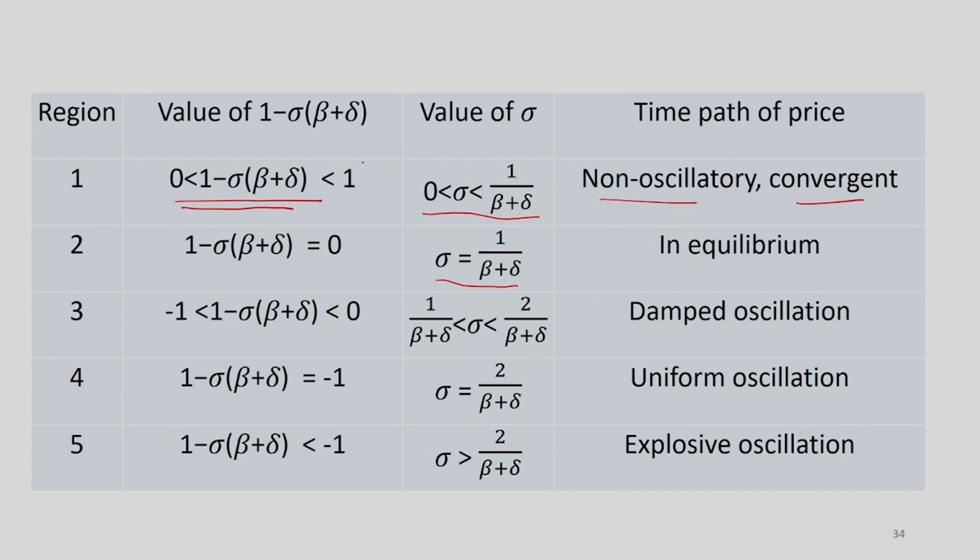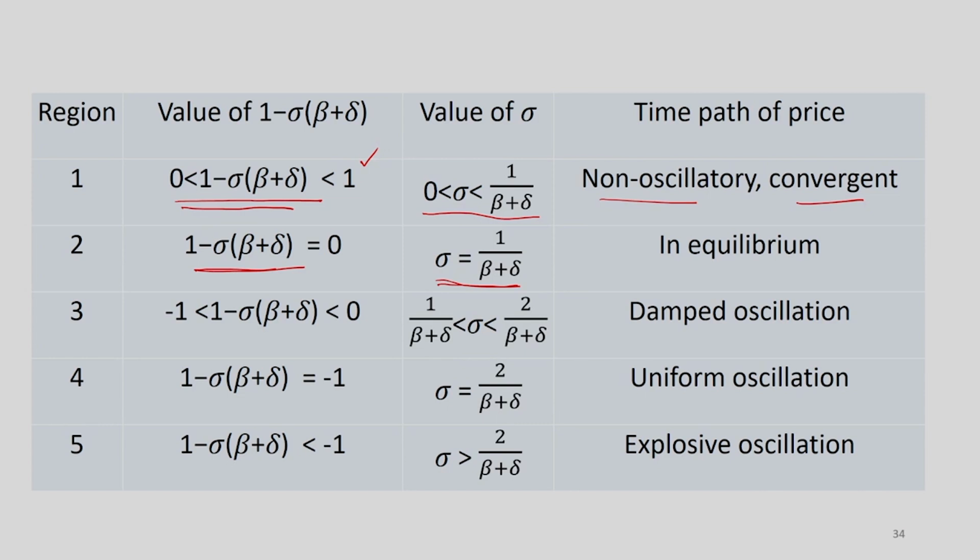That comes from our initial results. Secondly, if this is exactly equal to 0, we know we are always in equilibrium because B is equal to 0. And this condition turns out to be this, that sigma is equal to 1 divided by beta plus delta.